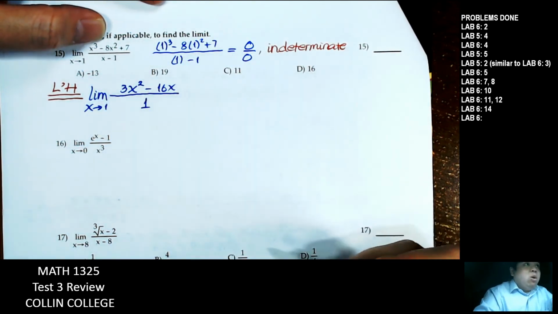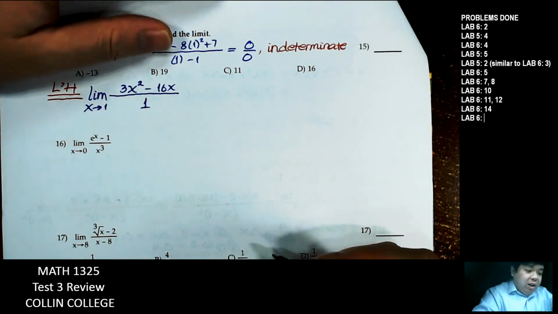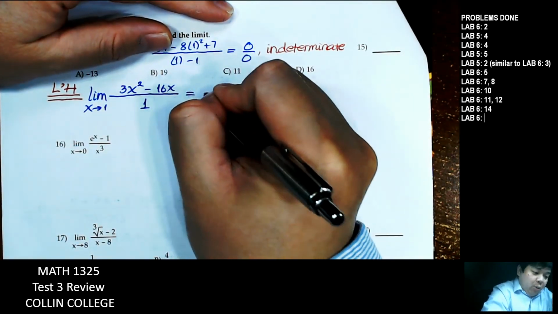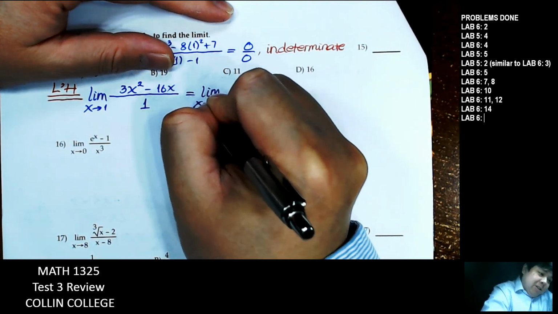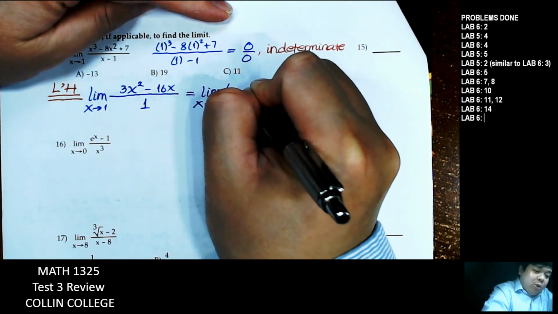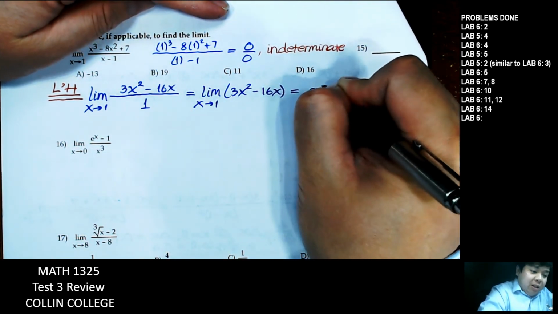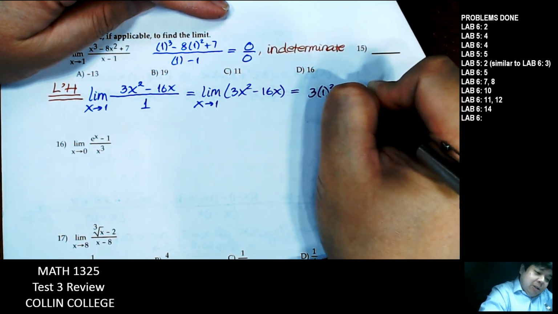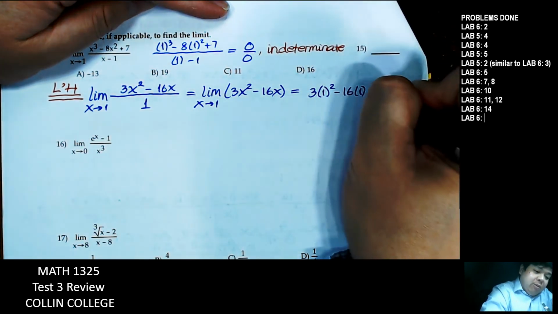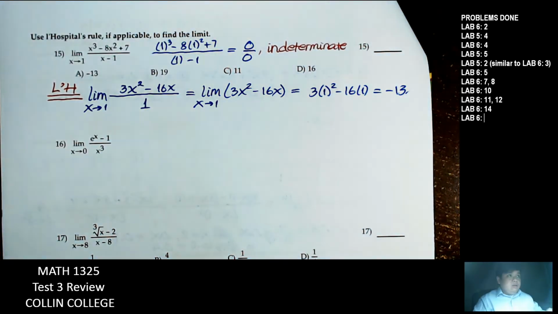At the beginning of the class we could do the factoring, but this time we know L'Hôpital's rule, so we're just going to take the derivative of the top and the derivative of the bottom. This is not the quotient rule. We will never use the quotient rule for L'Hôpital's rule.